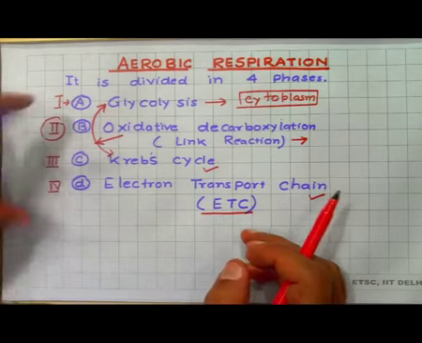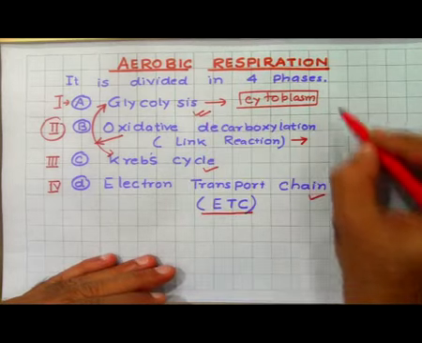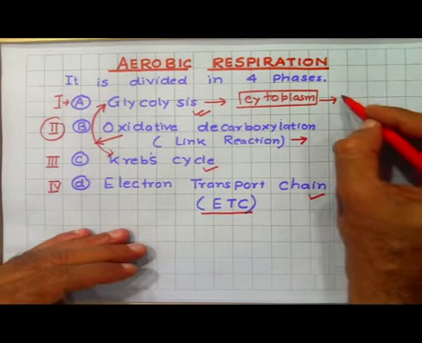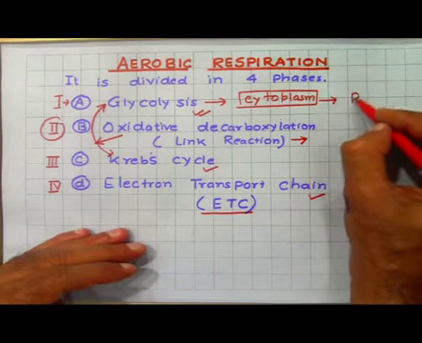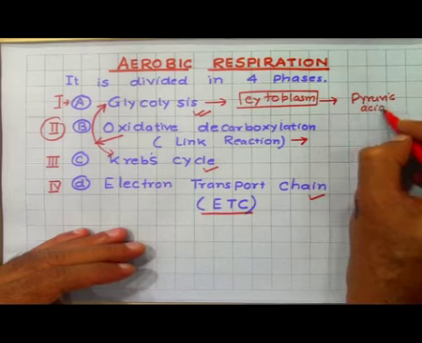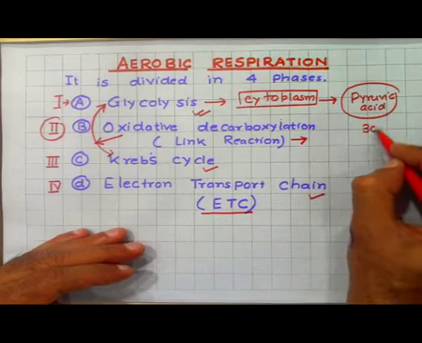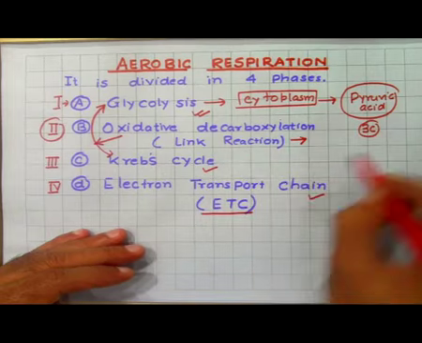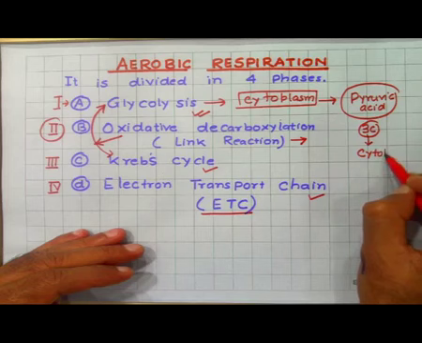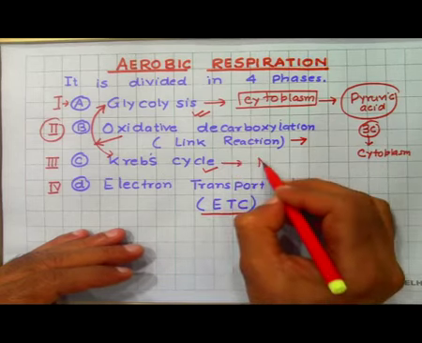Of all four processes, glycolysis takes place in cytoplasm. The product of glycolysis is pyruvic acid, a 3 carbon compound formed inside the cytoplasm. The Krebs cycle takes place in mitochondria.